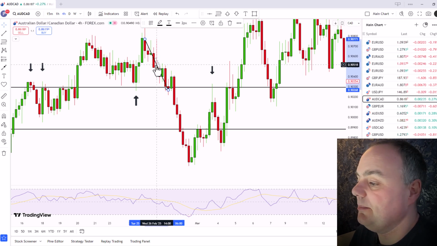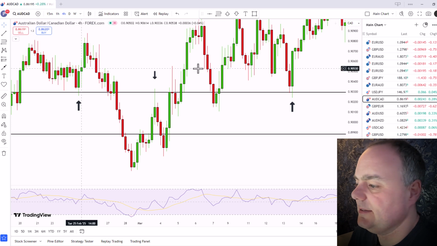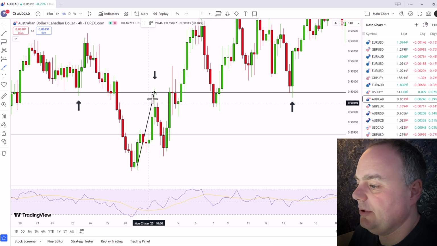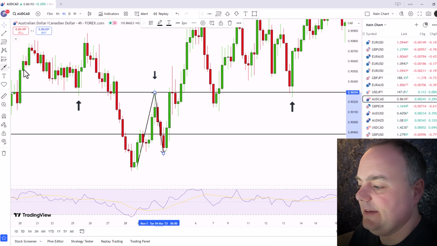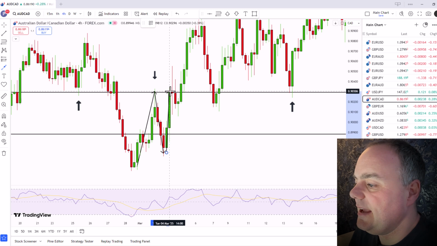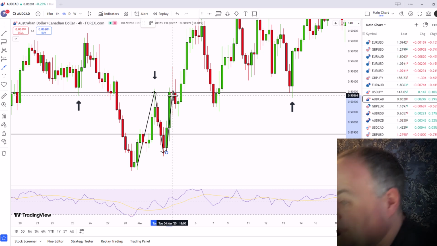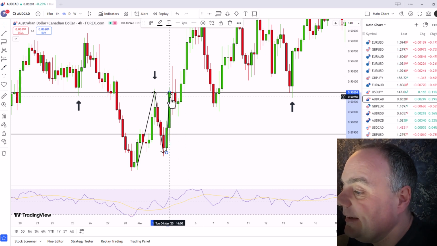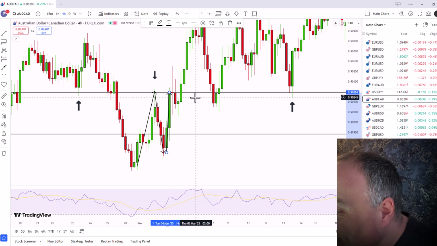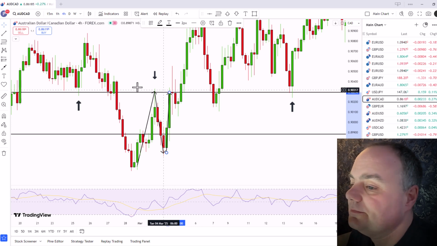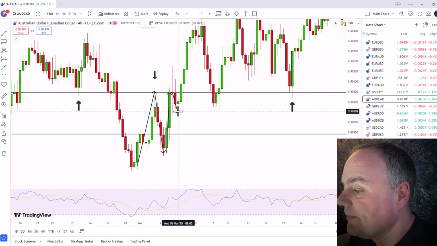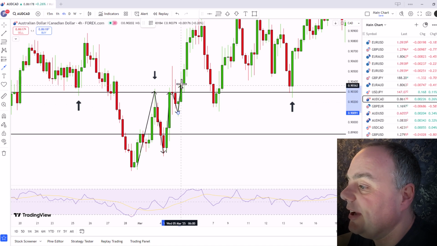Are there any other examples? Okay, if I just move that, if we look at this one, we see price came up, hit the structure point, back down, came up, hit the structure point, and look, the close was right on that point where I've got my line, and then we had a not quite a doji but almost a doji candle, and then a little bearish retracement before its subsequently bullish pressure did break through.